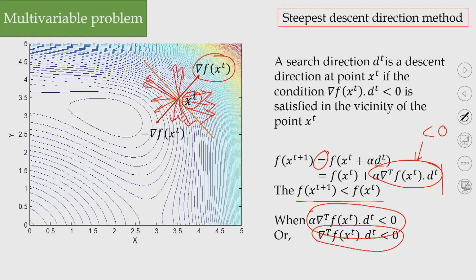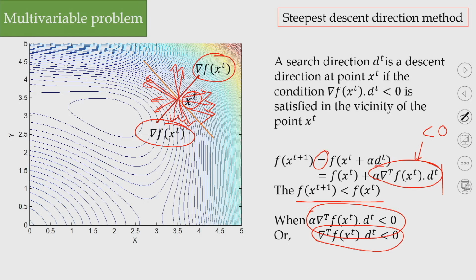Now, in the steepest descent direction method, we are going along the negative of the gradient, and the negative of the gradient will give you the steepest descent direction. That means if you are going along that direction, the reduction in function value will be maximum. Therefore, in the steepest descent method, we are going along the negative of the gradient.